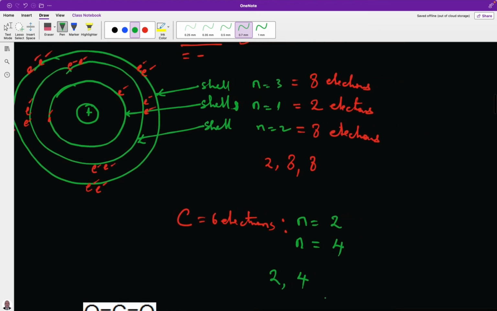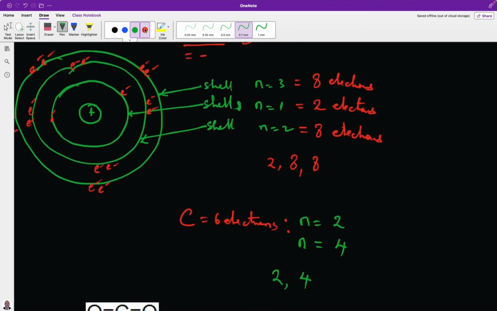If we are to arrange another element, let me say sodium, sodium has 11 electrons. The first shell will be equal to 2.